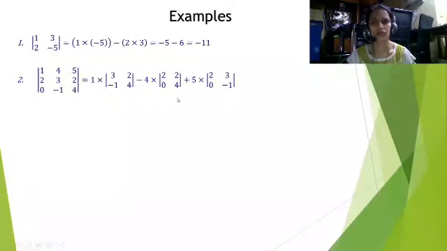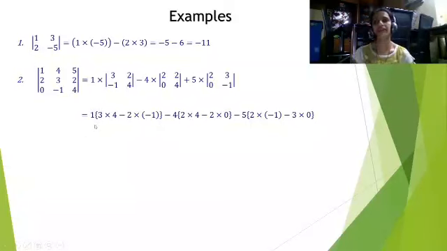Okay, so now this is the 2 by 2 determinant expansion. What you will get is 1 into 3 into 4 minus 2 into minus 1, minus 4 into 2 into 4 minus 2 into 0, plus 5 into 2 into minus 1 minus 3 into 0.